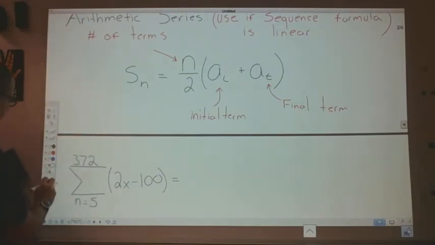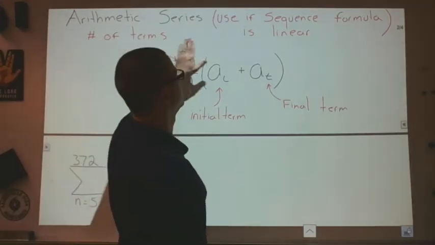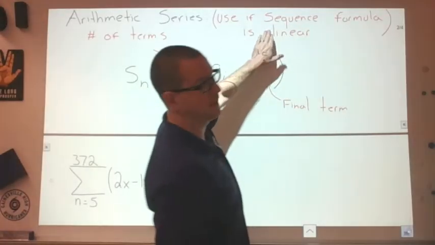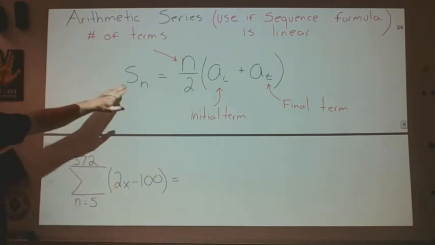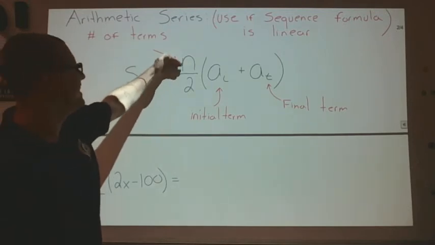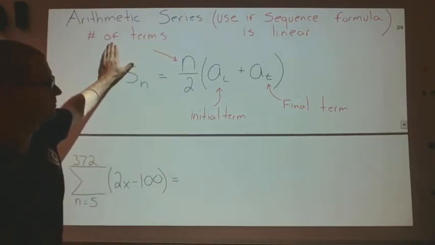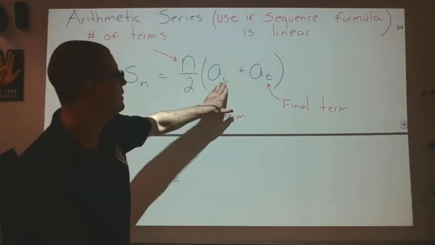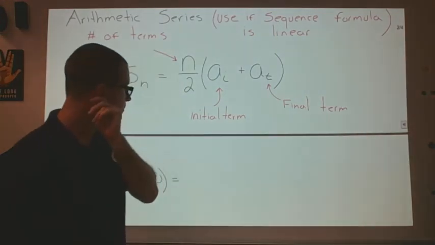So, if our series is arithmetic, which again, we use if the sequence formula is linear, that's how I knew to use this, then the nth partial sum is n over 2, where n is the number of terms, and then in the parentheses, the initial term plus the terminal term, the final term.